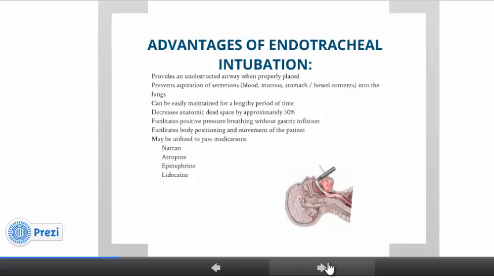With that cuffed airway in endotracheal intubation, that's not going to happen. It can easily be maintained for a long period of time. So when we have return of spontaneous circulation and our patient comes back to life, we are able to continue and maintain that airway for a longer period of time.